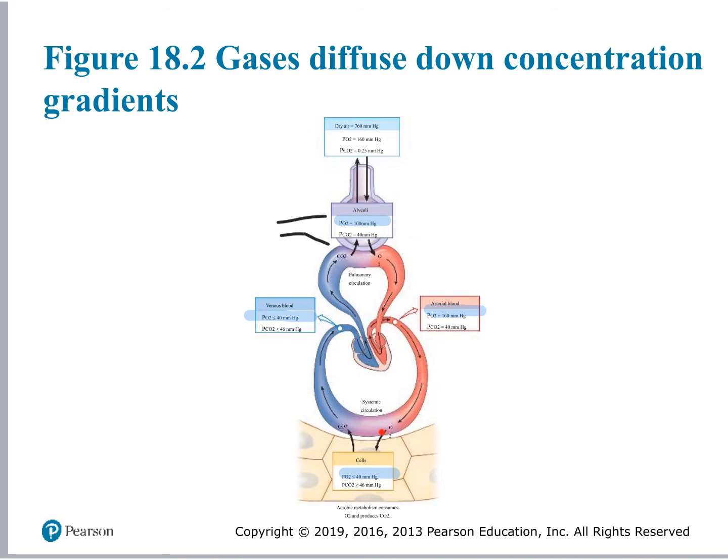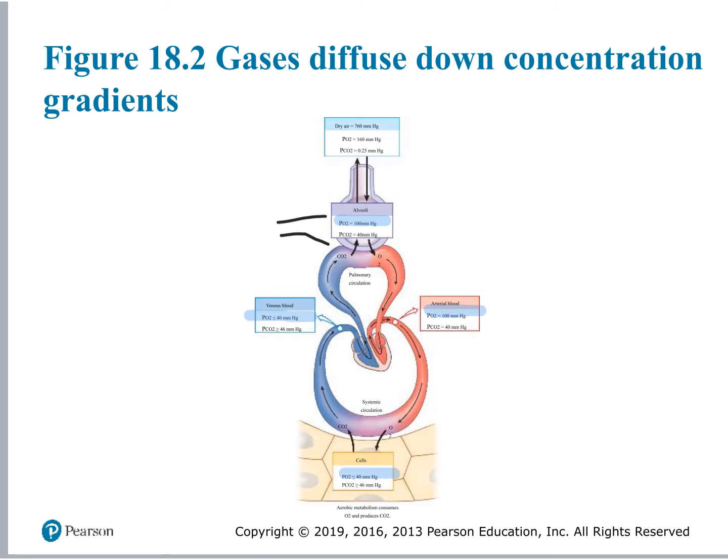And then when it gets to the systemic capillaries, it can go from 100 millimeters of mercury down to 40, so it's going to go down its concentration gradient. So we have 100, 100, 100, and then we get to the capillaries, and now oxygen is going to diffuse across the membranes and go into the cells.